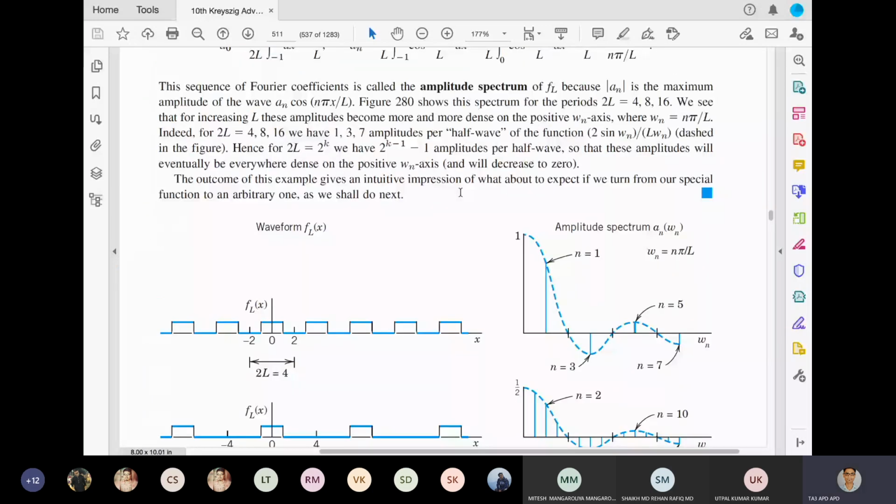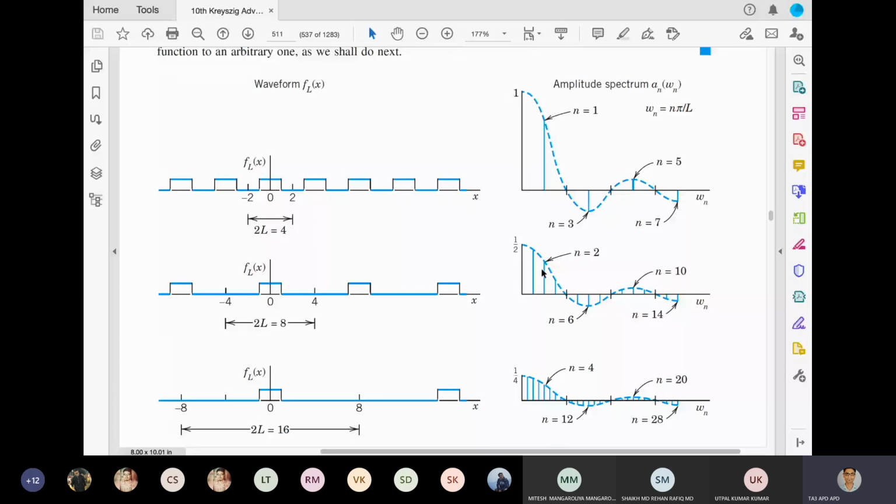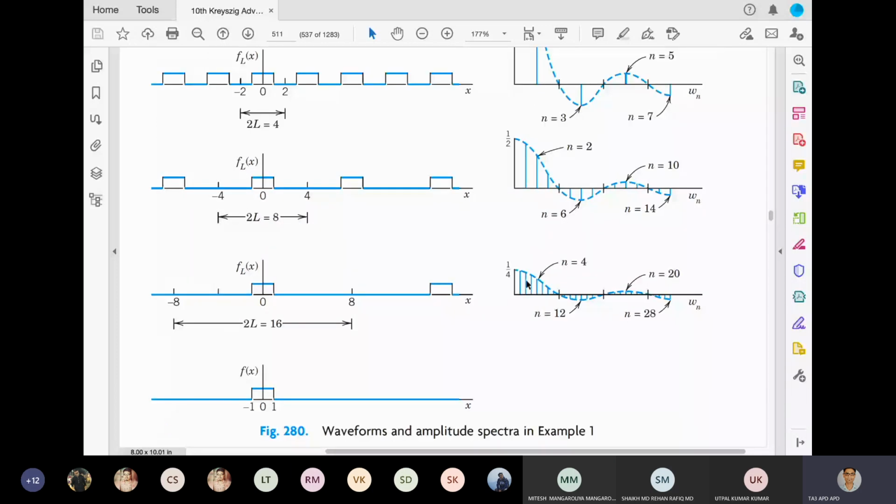So the purpose of this illustration is only to realize that this whole spectrum will become more and more denser over the value of the period, and ultimately this whole spectrum is getting flattened. So this is what you see over here.